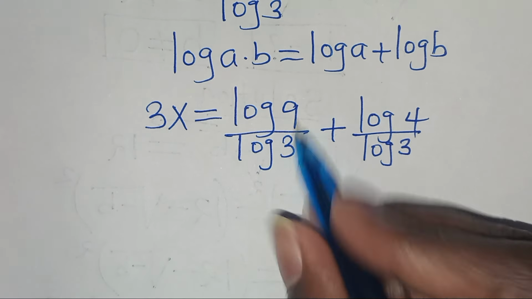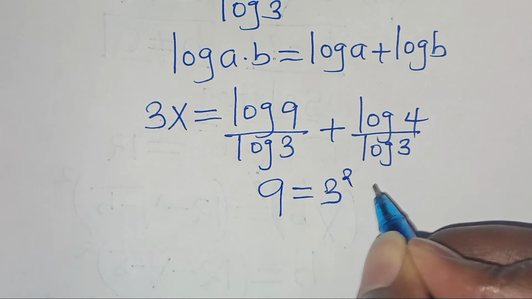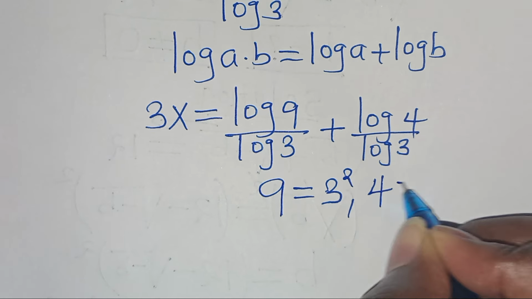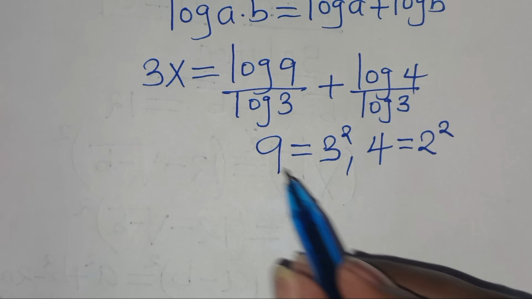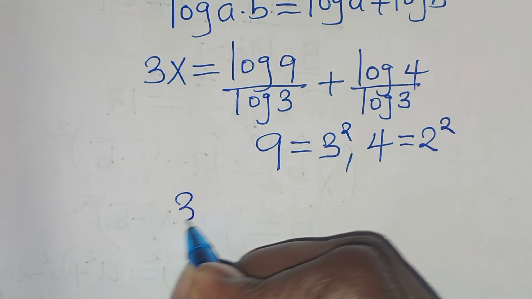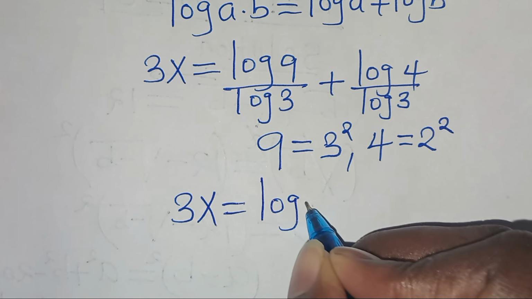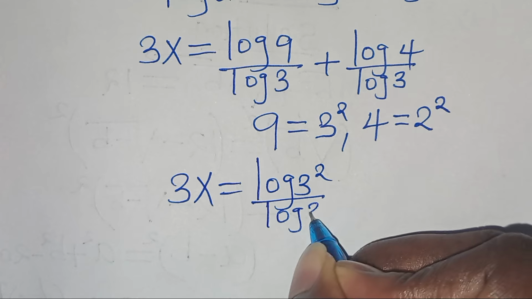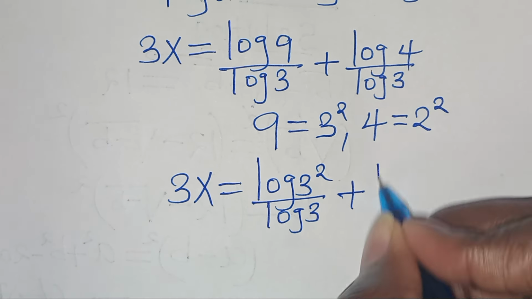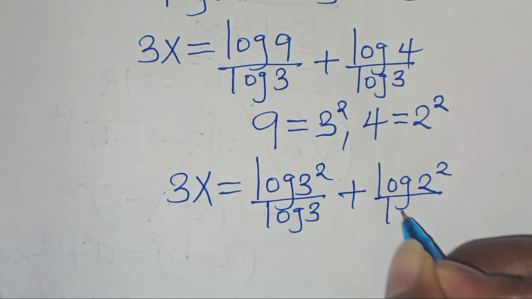The next step is that we can express 9 as 3 to the power of 2, and we can express 4 as 2 to the power of 2. Substituting this, then we have 3x equal to log 3 to the power of 2 divided by log 3, then plus log 2 to the power of 2 divided by log 3.